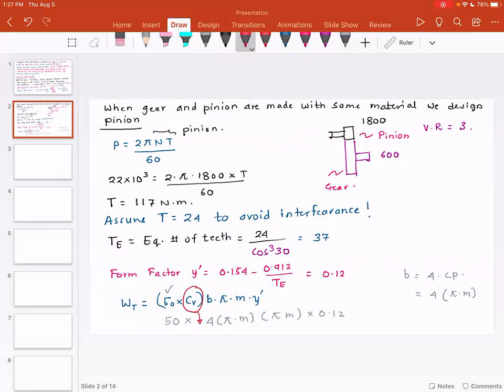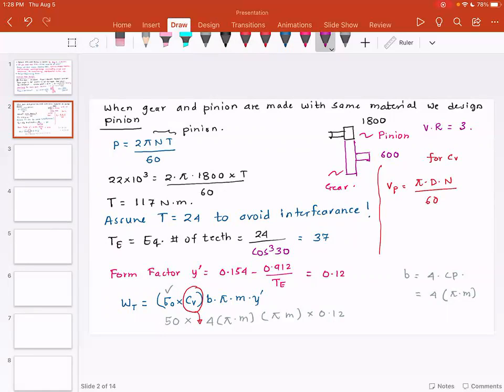So the question here is, how do we solve this problem of CV? CV is the velocity factor that depends upon the pitch line velocity, Vp. Pitch line velocity is pi times d times n by 60. So, as a side note for CV, we need to find out the pitch line velocity Vp.